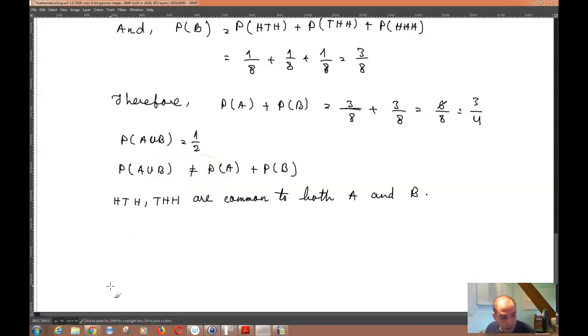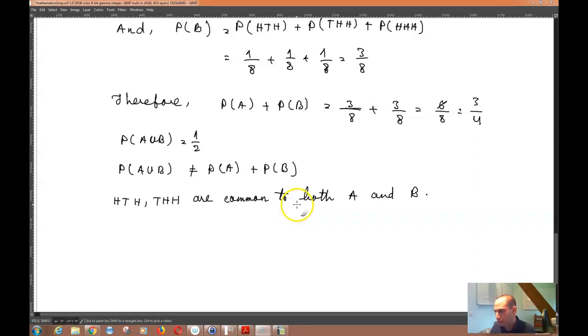Okay, so now let's see how we can take those 2 sample points out. We said that the points HDH and THH are common to both A and B, and in the computation of P of A plus P of B, the probabilities of these 2 points, that is, the elements of A intersection B, are included twice.